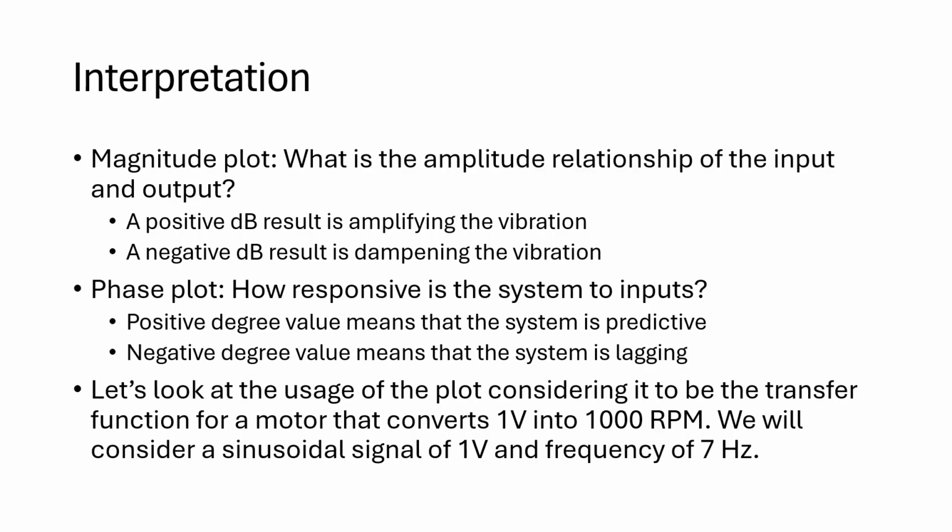And so now we're going to look at an example with our given example transfer function of, let's say that we've got some motor that converts a 1-volt signal into 1,000 RPM. And for our case, we'll say that we want to pass into that motor through our system a sinusoidal signal of 1 volt and a frequency of 7 hertz.